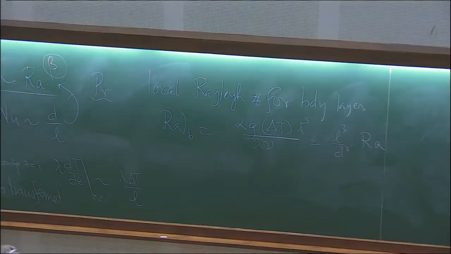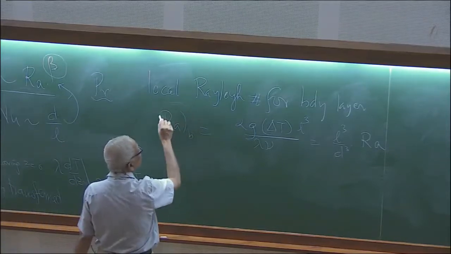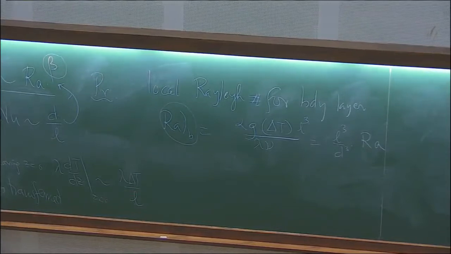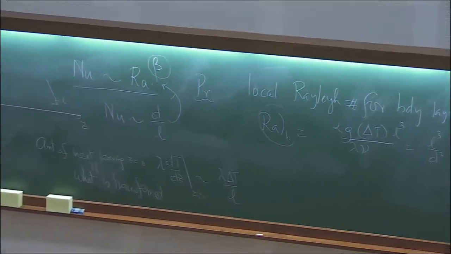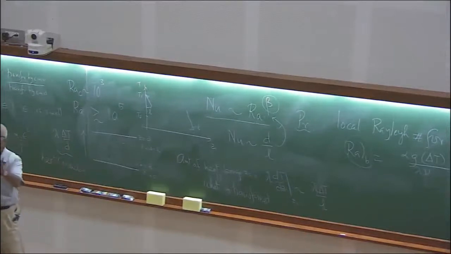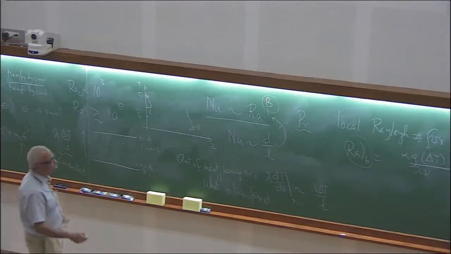So now what do I know about this Rayleigh number of the boundary layer? Well, this boundary layer is stable, so it exists. If it does exist, then that Rayleigh number at best has to be pegged at its limiting value, which is something like 10 to the power 3.